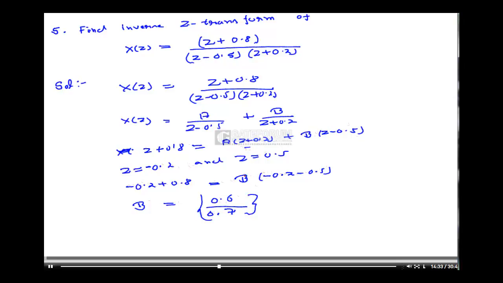Okay. Solving this, I will get somewhere around -0.8571. Similarly, on the same rule, if I calculate a, I will get a is 1.857. Okay. So we have found b, we have found a. Now we have to substitute in X(z).